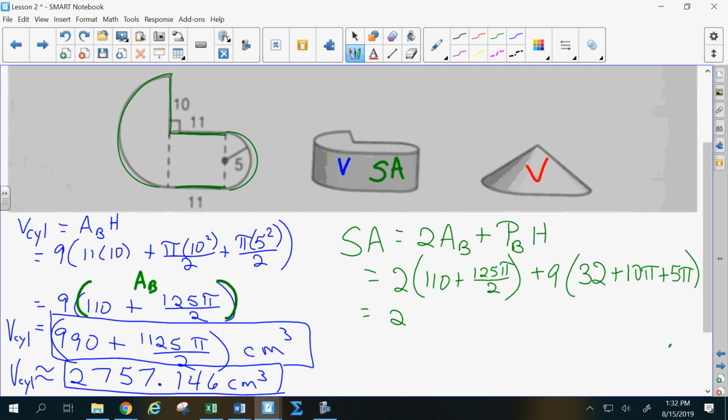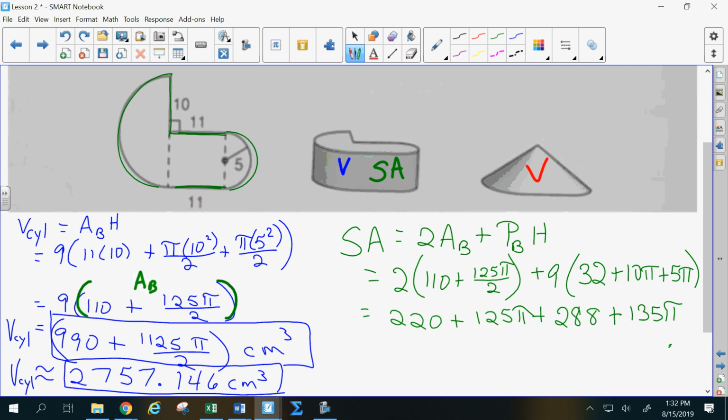Pi is still pi. 220 plus 125 pi, if I distribute this 2, plus 9 times 2 is 18, 27 and 1 is 28, and 15 pi times 9 is 135 pi. Does that work?